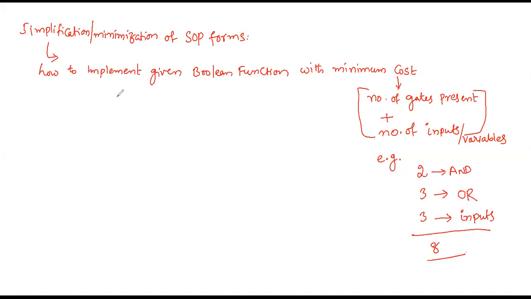Okay. Here, for the simplification, we have the rules. Step 1 is from the given Boolean function, after applying to the K-map, generate all possible prime implicants.